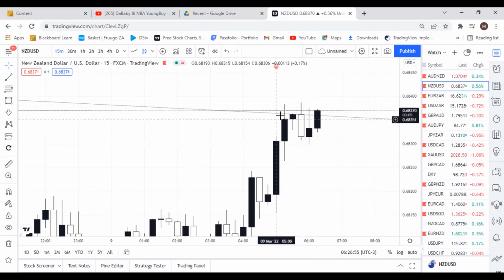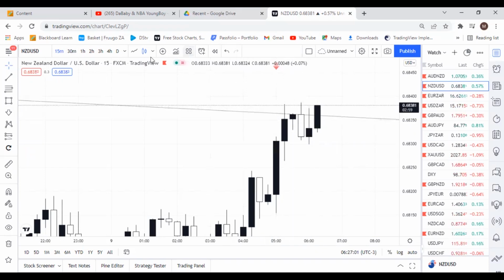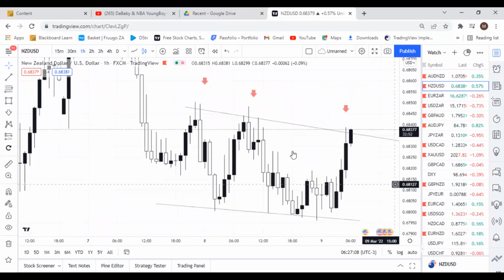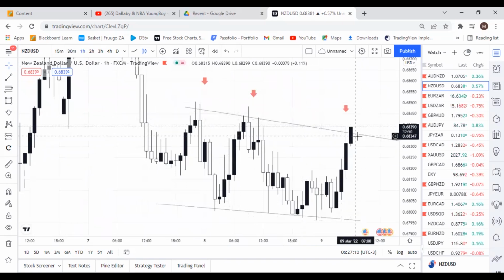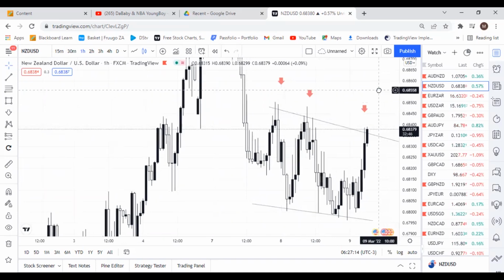But then remember, the smaller your time frame is, the less influence it has. So you would need to stick to the 1 hour time frame for those reversal candlestick formations, depending on the scale of your structure.